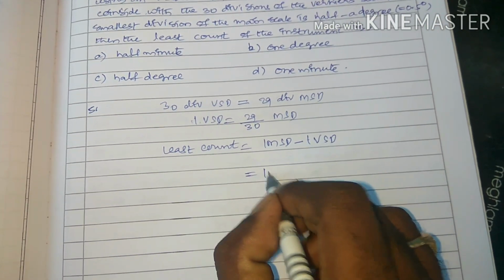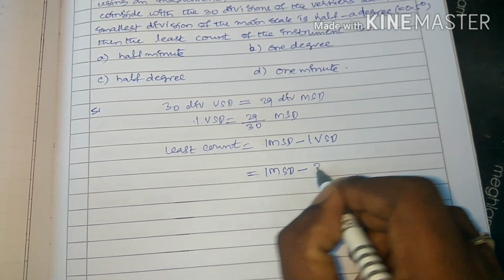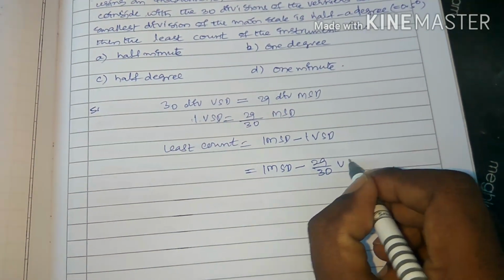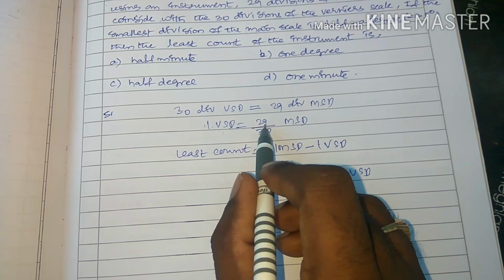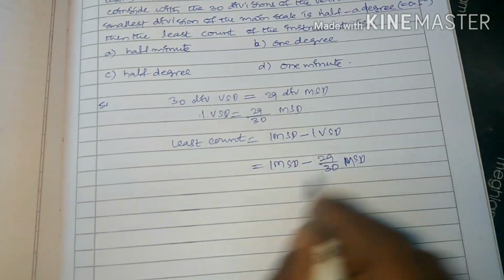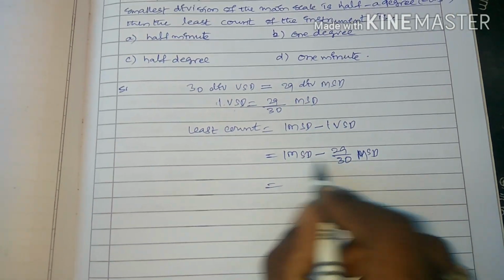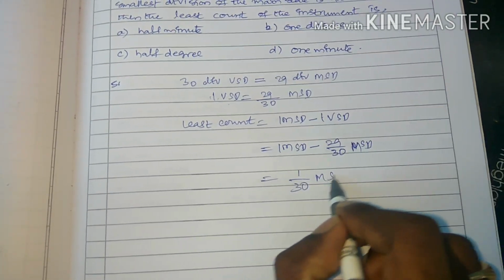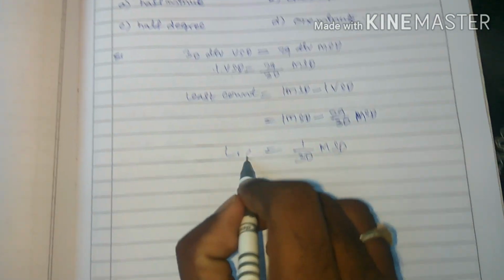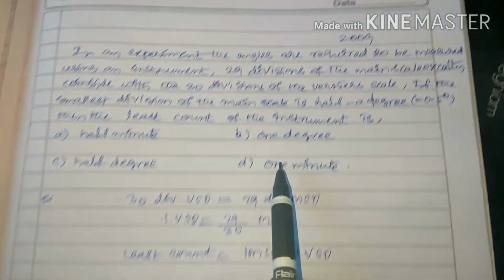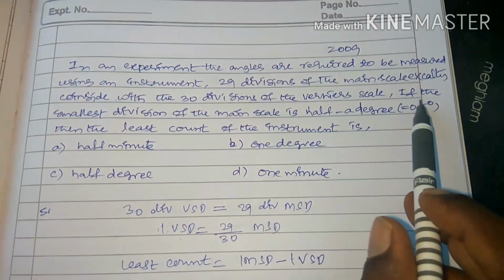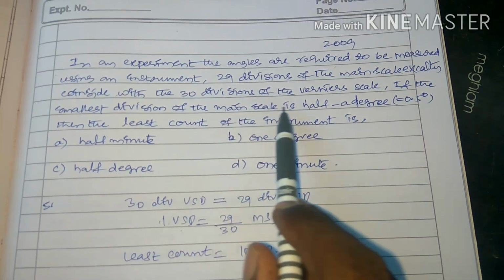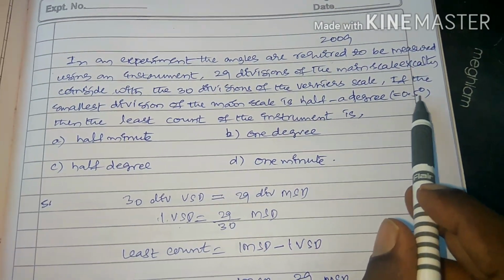So it is 1 MSD minus 29 by 30 MSD, which gives 1 by 30 MSD. This is the LC, the least count. 1 MSD is given as half a degree, 0.5 degree.